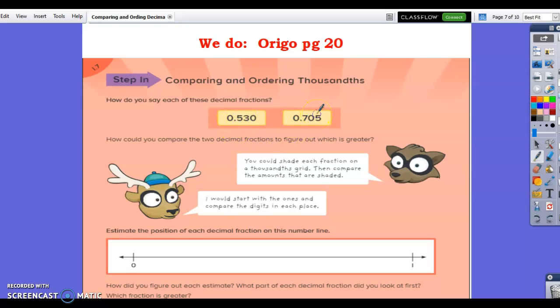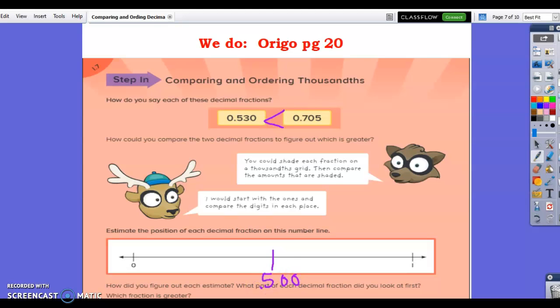So therefore, your greater gator is going to eat that greater number. How could you compare the 2 decimal fractions to figure out which is greater? You could shade in the fractions on the thousandths grid, or you could also put them in order on the fraction line. Remember, your middle is here, and your 500 thousandths is always a good point to mark.